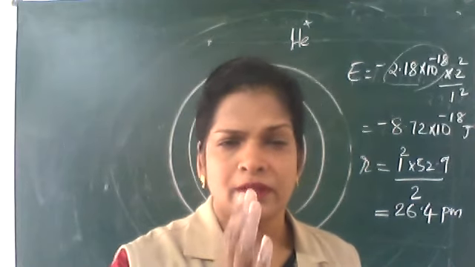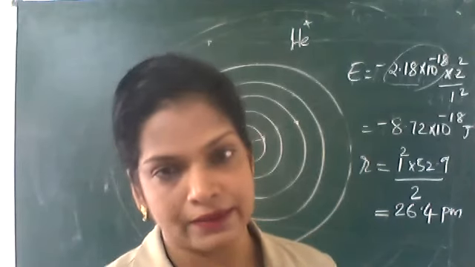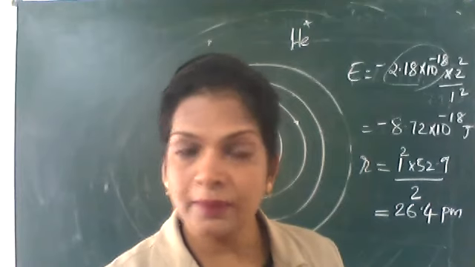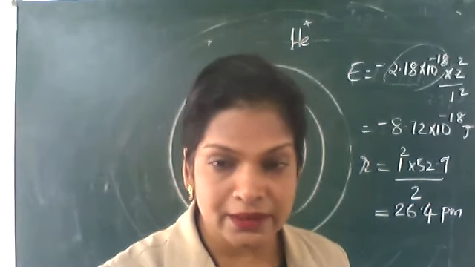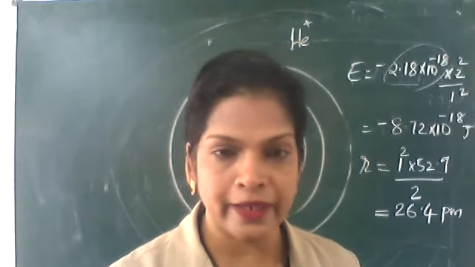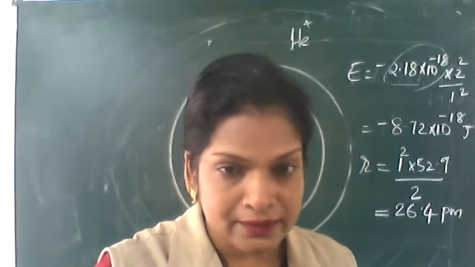So hydrogen atom has got 1 electron, helium plus has got 1 electron. Which electron is more closer towards the nucleus? Helium plus, because radius is only 26.4. In the case of hydrogen, it is 52.9. Since it is more closer towards the nucleus, its energy is again lesser.